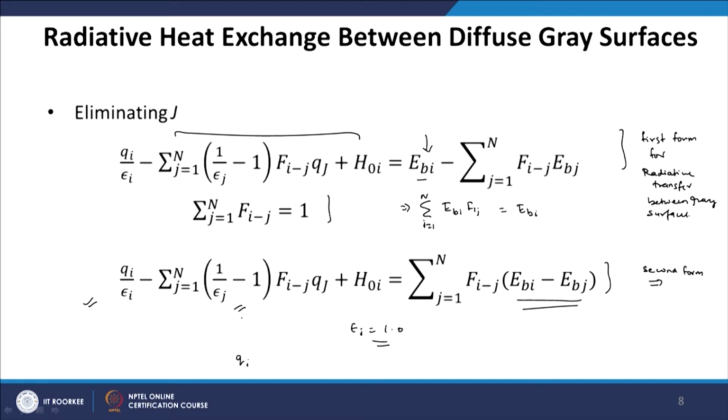This term will reduce to 0 because 1 minus 1 is equal to 0, plus h naught i is equal to summation F i j times E b i minus E b j. Okay. And this is same as for the black enclosure that we derived in the previous lecture. So, just by substituting the epsilon value equal to 1, this relation has reduced to the same relation that we derived for the black enclosure.